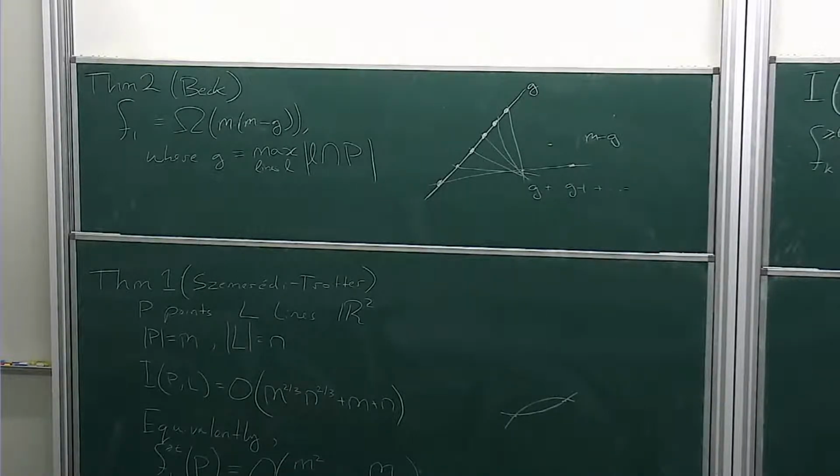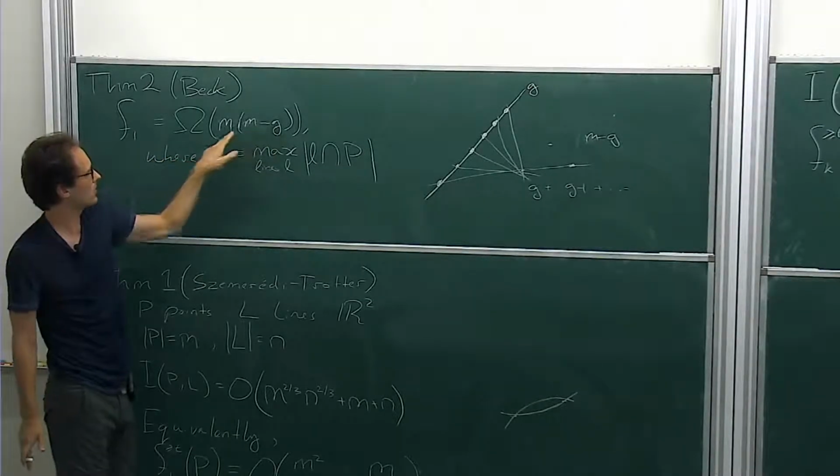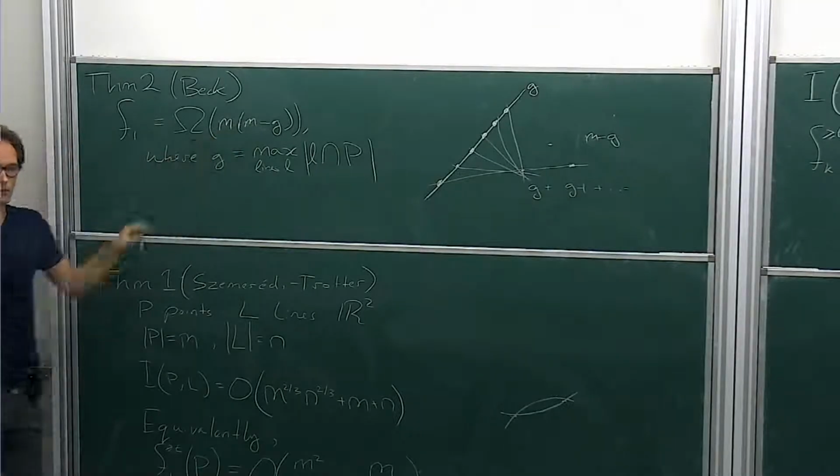Because if you manage to cover all the pairs of points with lines having square root of M points, well, each line covers M pairs. So you could cover all the distinct pairs with M such lines, but in the case that G is small, this is giving us omega M squared.